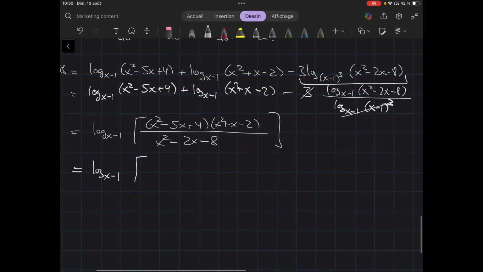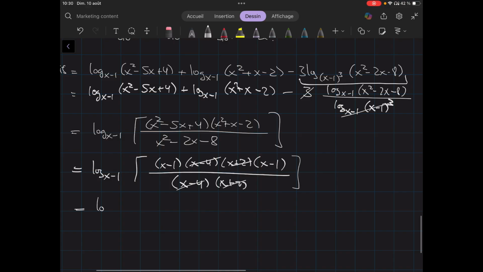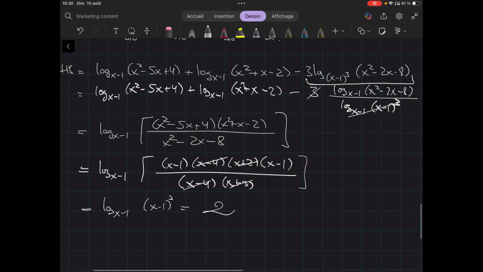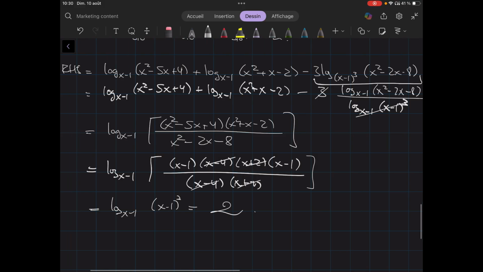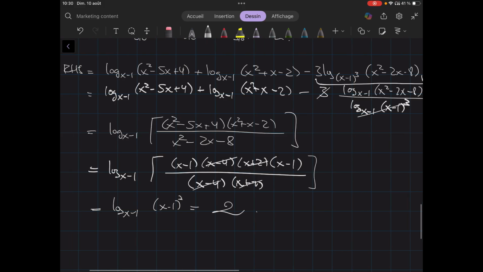And all you have to do now is factorizing and bring it home. Gone, gone, gone, gone. Et voila. We just successfully showed that the right-hand side is equal to the left-hand side. End of standard.